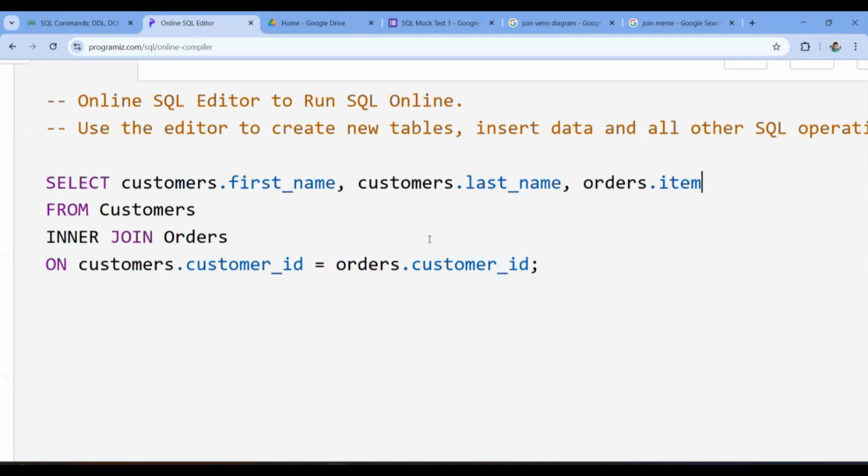Right? This has become this big now. To simplify this, we should learn something about alias. Because in your company, the table name will not be as simple as customers. If they are following the best practice, they will have some ID given to the table.